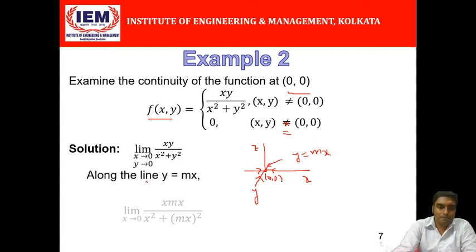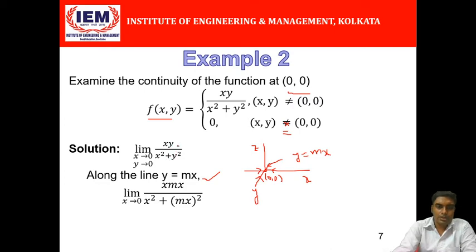Now if I approach by using this straight line y equal to mx, I am plugging this equation y equal to mx in here, and here x squared plus y squared becomes x squared plus m squared x squared, right. Now when x tends to 0, then y also tends to 0, which also holds here for y equal to mx.